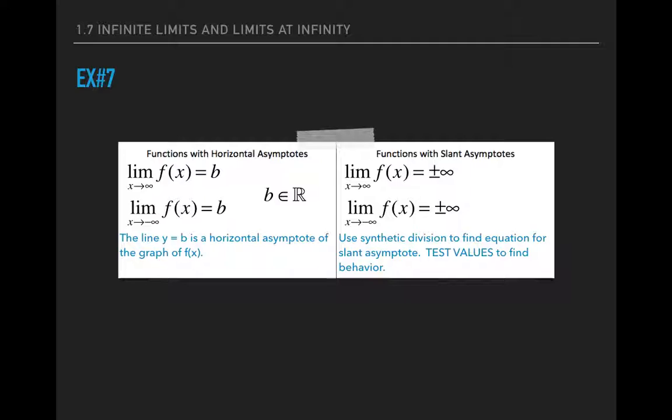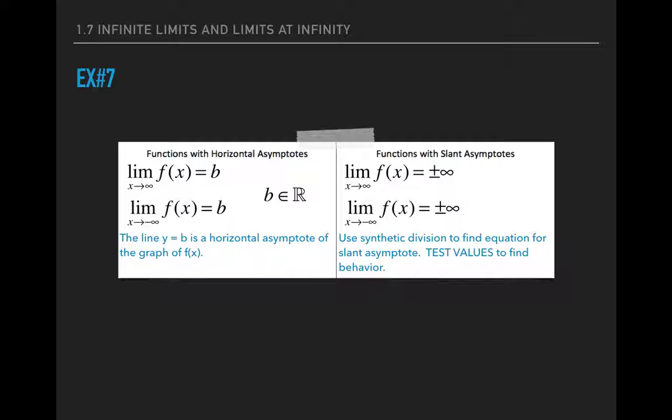So functions with horizontal asymptotes. That is going to happen when the limit of your function as you go to infinity or negative infinity is a real number, a b that is an element of the reals. And the line y equals b is your horizontal asymptote for the graph of f of x.